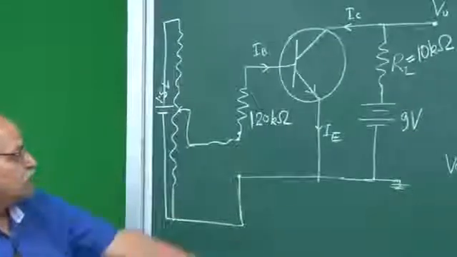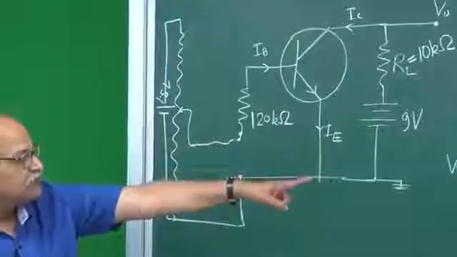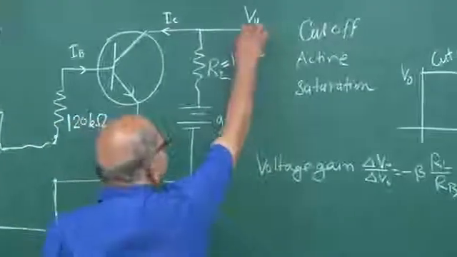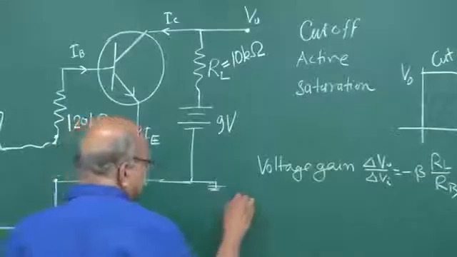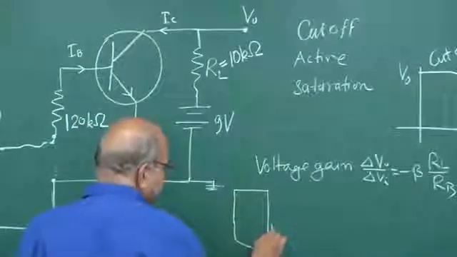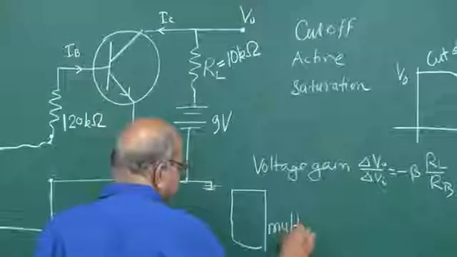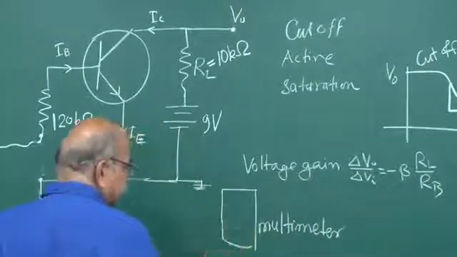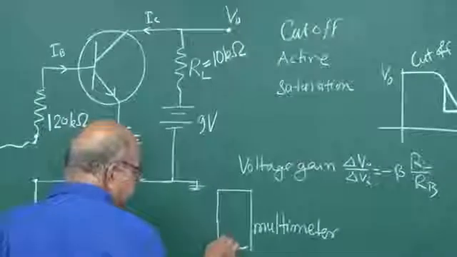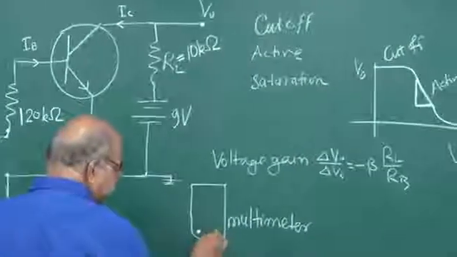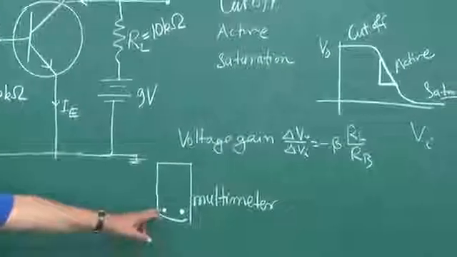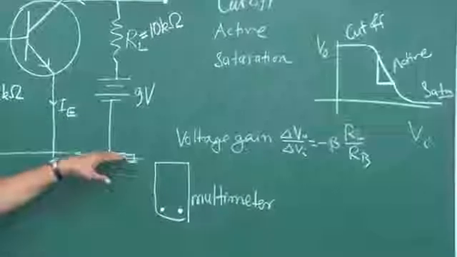Measurement of what? Measurement of this VO and measurement of this VI. To measure this VO, we will take a multimeter. A multimeter also has two terminals, one black and one red. The black one is supposed to be connected to that zero potential.